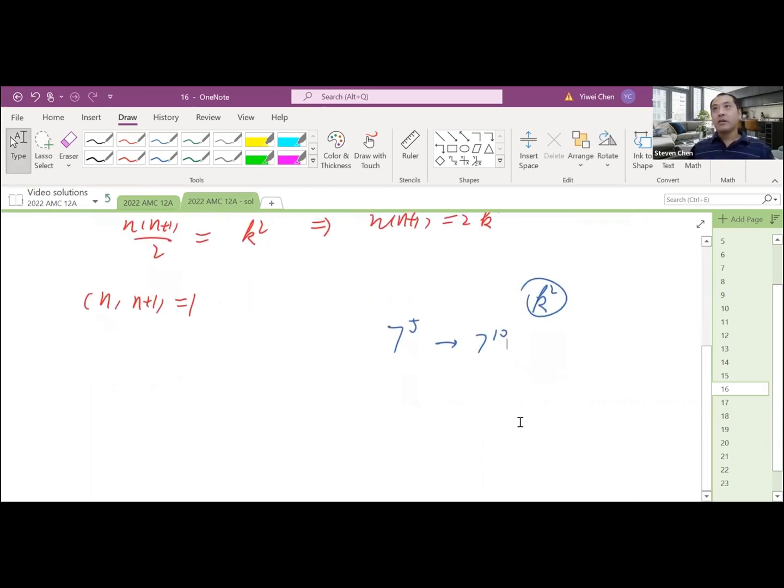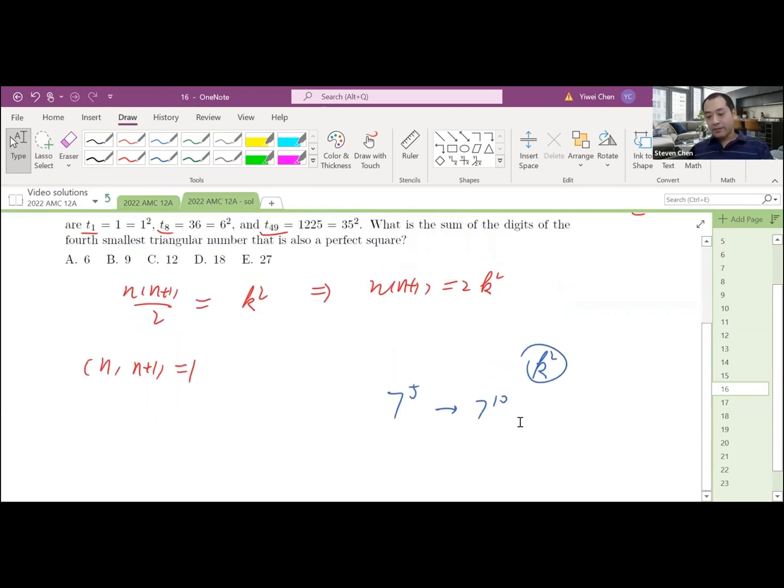It means that for any prime factor on the right-hand side, either all these identical prime factors enter n or enter n plus 1. Because for any prime factor in k squared, since we take a square, it must appear an even number of times. And since all of them must go to either n or n plus 1, suppose this number goes to n. Then n has a perfect square factor.